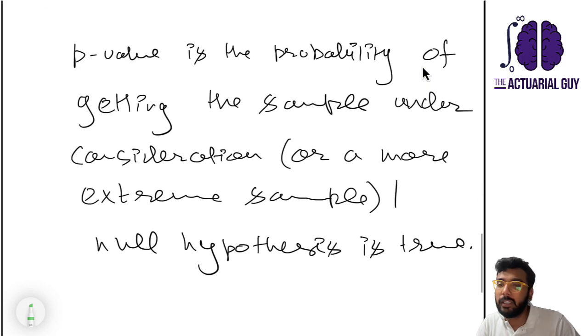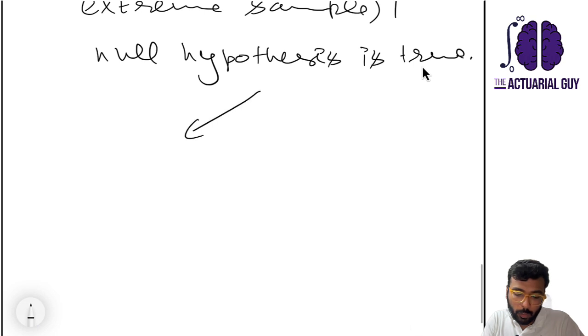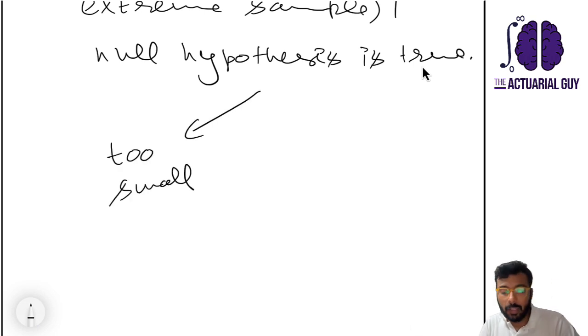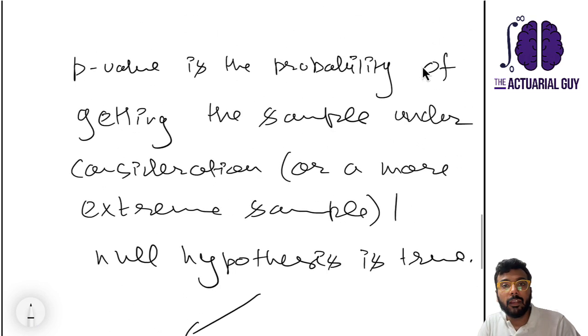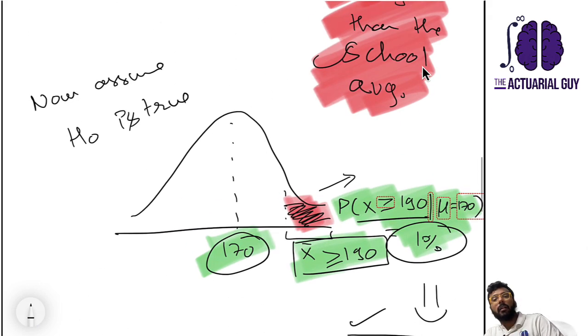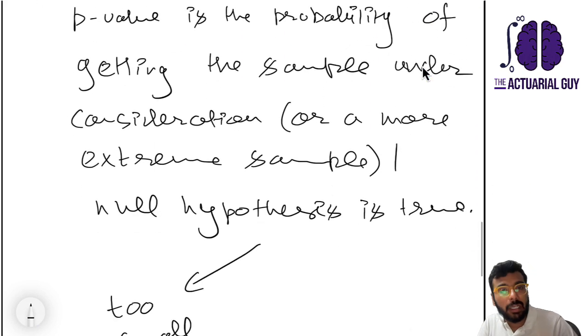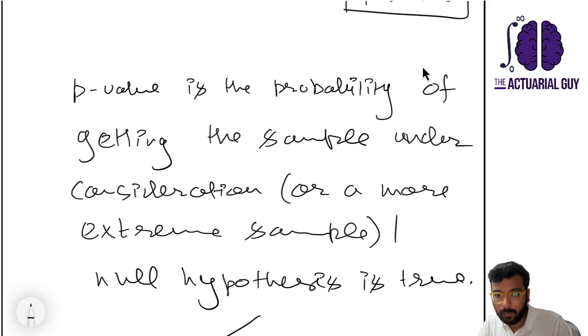If this probability is too small, then we say that the null hypothesis is not true because it is so unlikely to get a classroom with an average of 190 if the population average was 170 that I cannot believe that the null hypothesis is true.